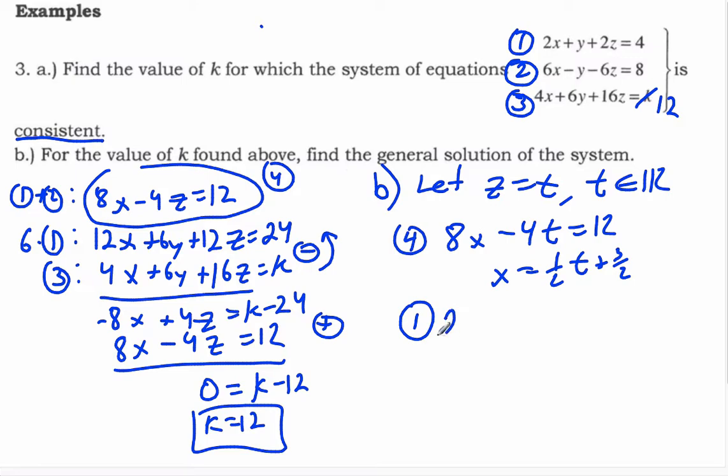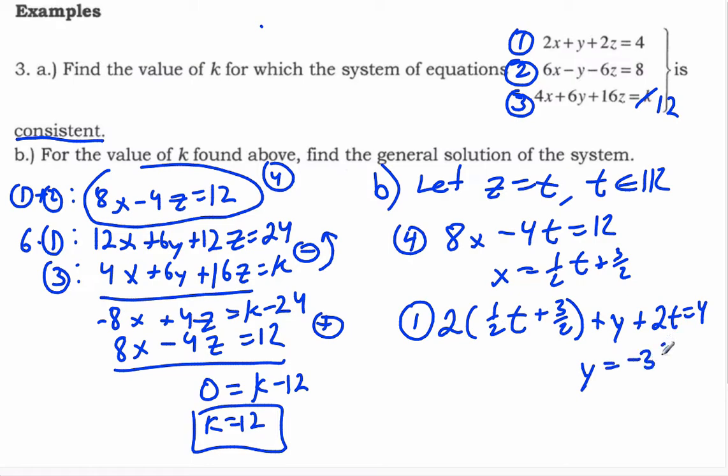So we have 2 times x plus y plus 2t equals 4. And if you solve this for y, negative 3t plus 1 is what you get.